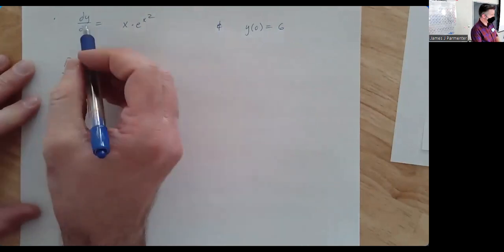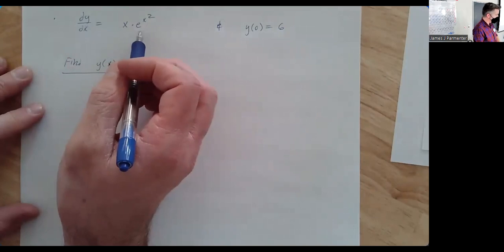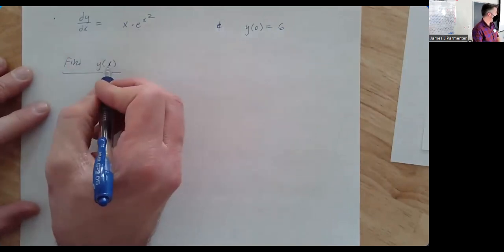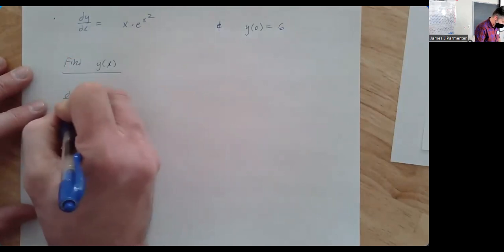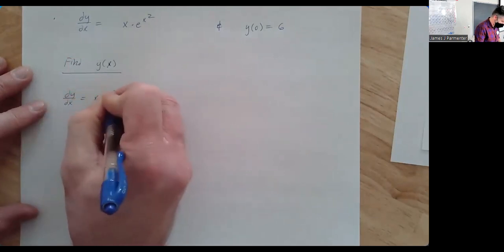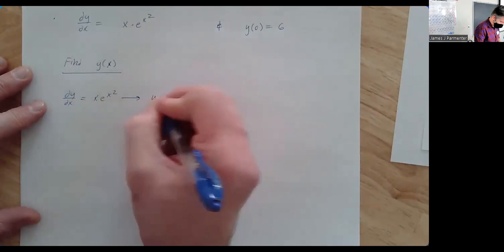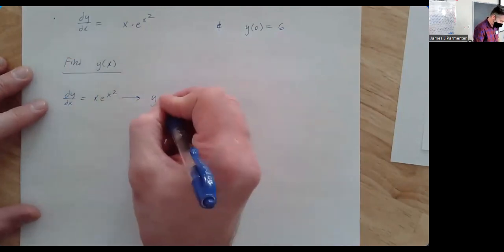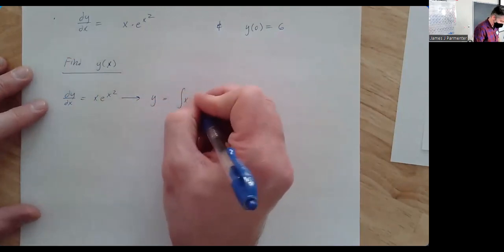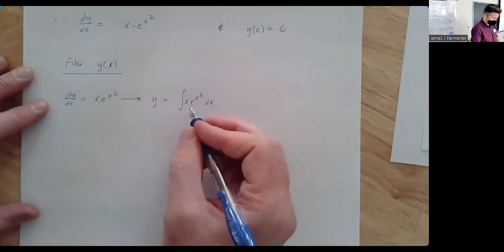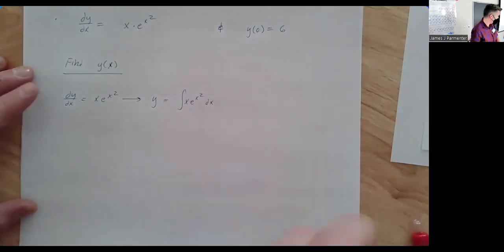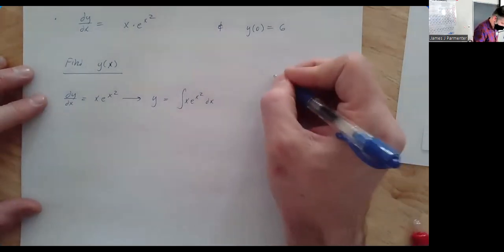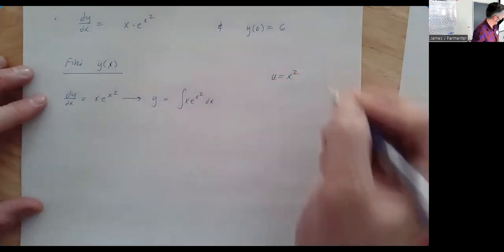So first and foremost, if I know the derivative of something is equal to something else, to find the actual function, I have to anti-differentiate. So if dy dx is equal to x e to the x squared, then y of x is equal to the antiderivative of x e to the x squared. And that x squared is stuck in the exponent. That x squared is a prime choice for a u-substitution.